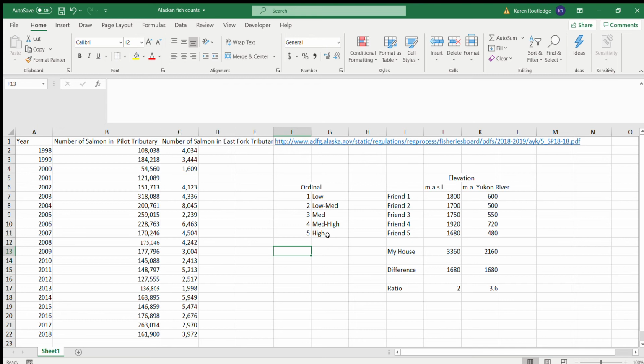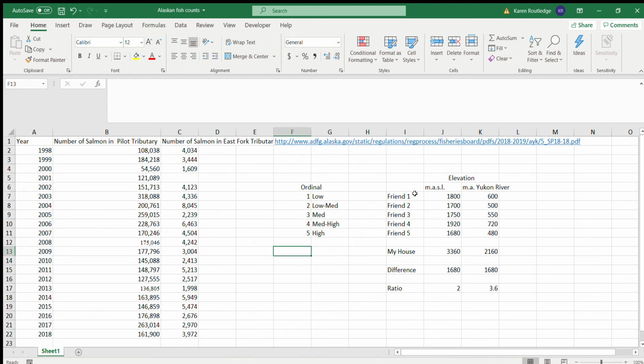So we are in the interval or ratio level range. In this particular example, I'm going to say elevation is a number that is measured in meters above sea level. So my 0 point, where I will define 0 to be, is sea level.